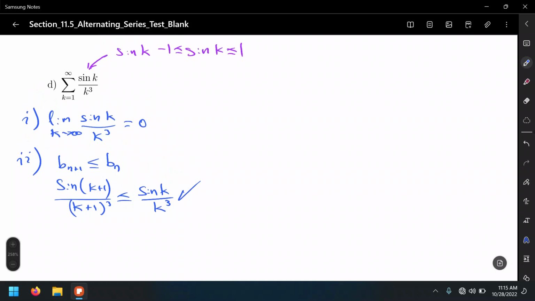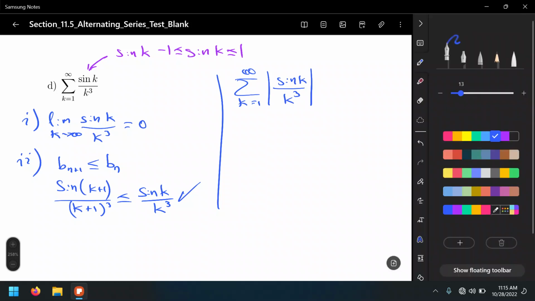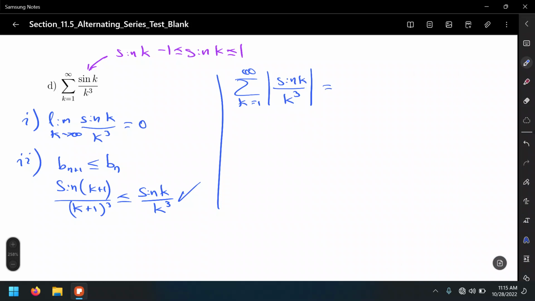All right. So this means we can go ahead and find the absolute value of sine k over k cubed. All right. So in this case, careful. For odd powers, like k to the third power in this case, what are we going to have? It's possible to obtain negative and positive values when we cube numbers.